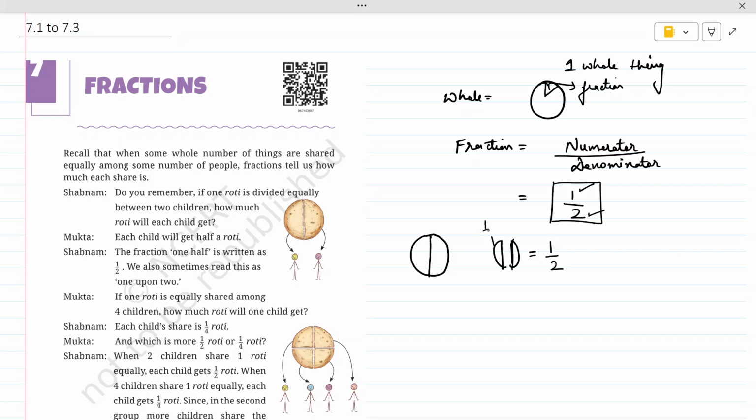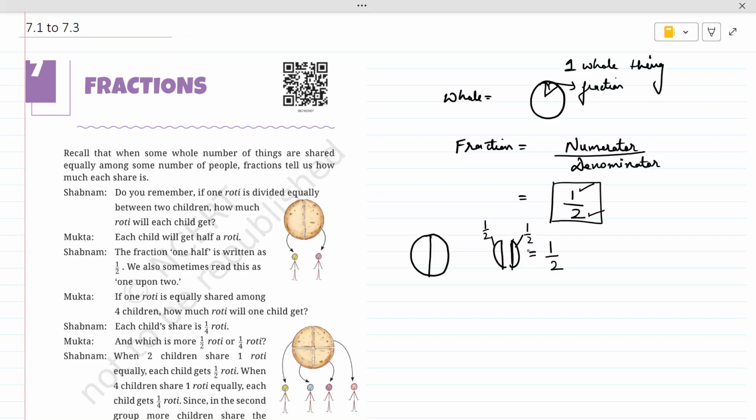This is the first half, this is the second half. If we combine both these two halves, this will make a complete roti. So this is one whole, and 1 by 2 and 1 by 2 are the fractions.